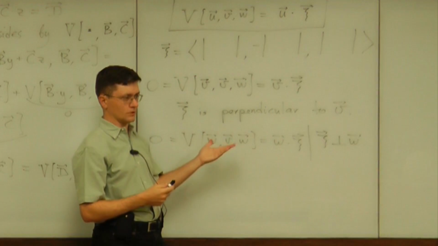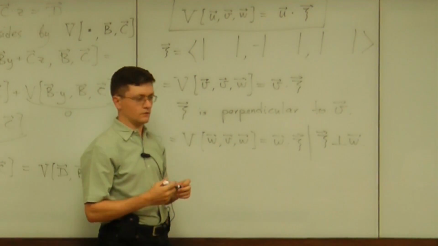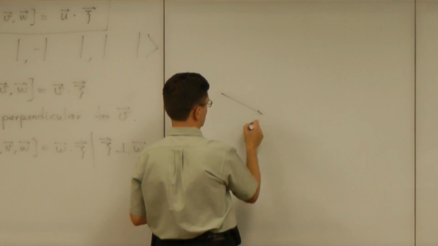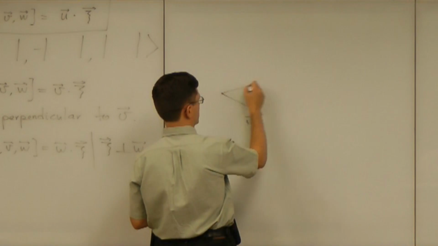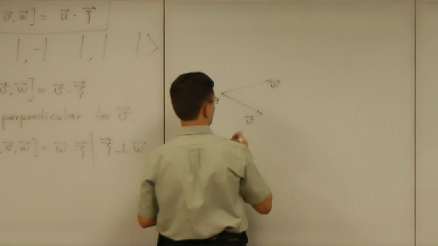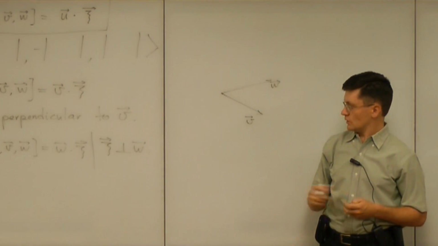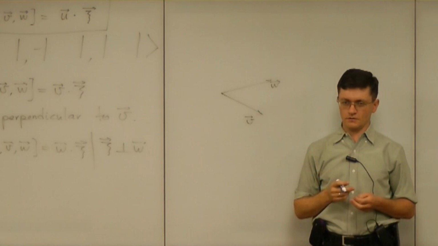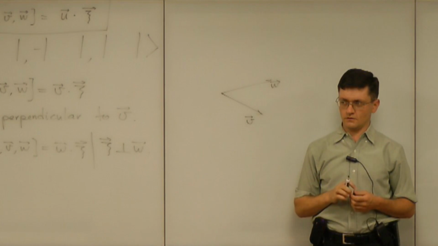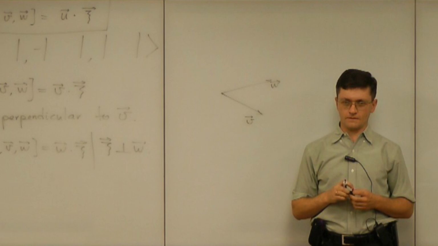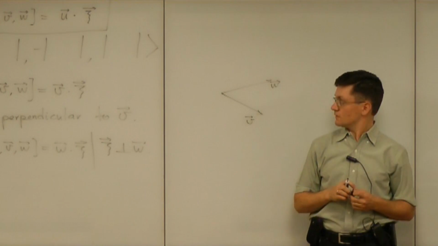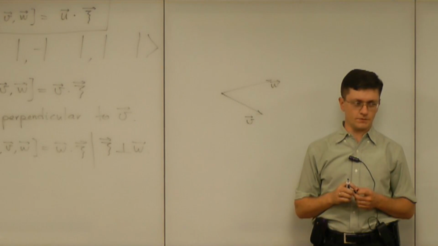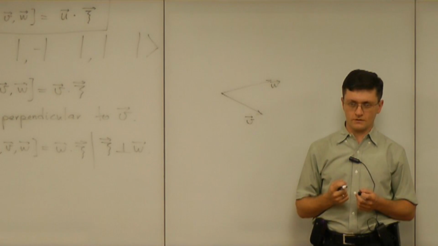How much do I know now about xi? So remember, I had a vector v in 3 space, a vector w in 3 space, and now I figured out that vector xi is perpendicular to both. Does it determine the direction of xi? Does it tell you something about how it's directed?